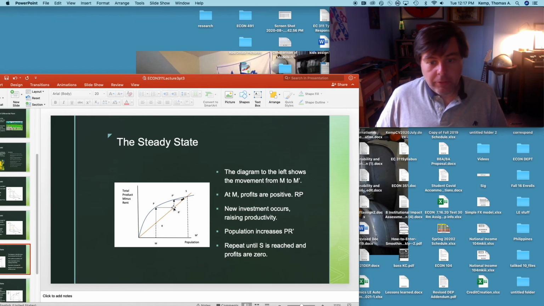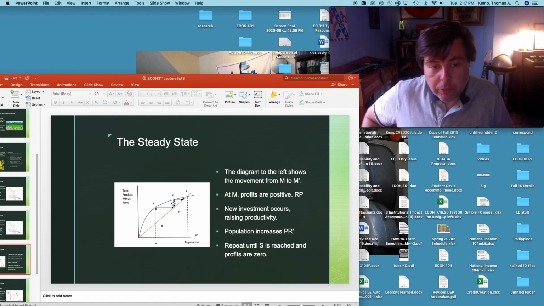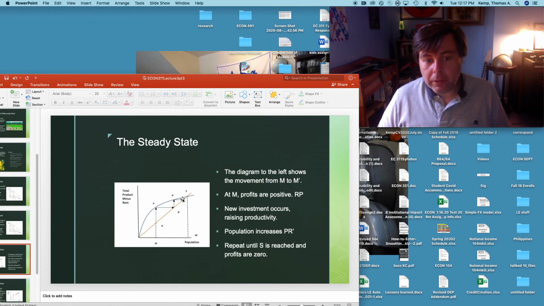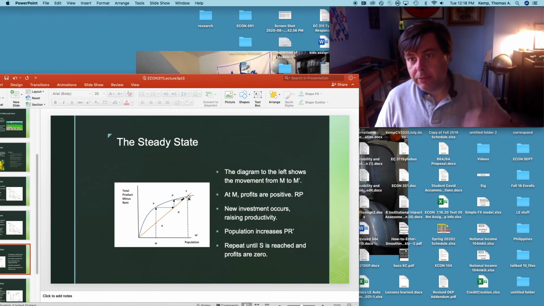Okay, and from there, that process continues, right? So at R prime, whatever this M is here, there still are positive profits. They're smaller than they were before, but they're certainly still present. And so this process repeats until when? Until S is reached.